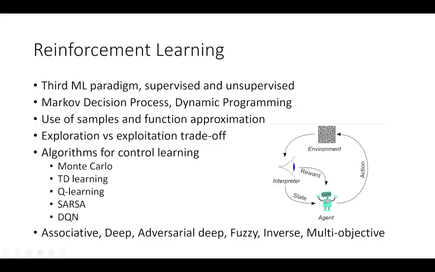tells the reward. Basically, what reinforcement learning is all about is that this agent learns based on the reward. If the action that the agent takes is a good action, it will be rewarded. If it is a bad action, it will be punished. The agent learns based on the reward.